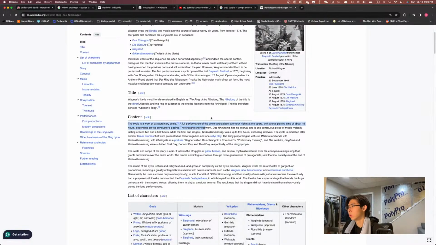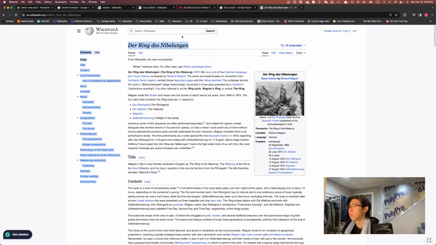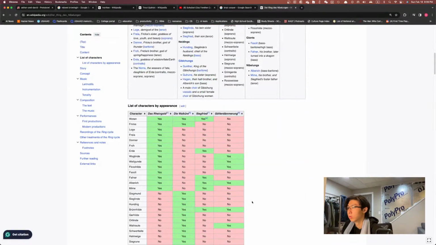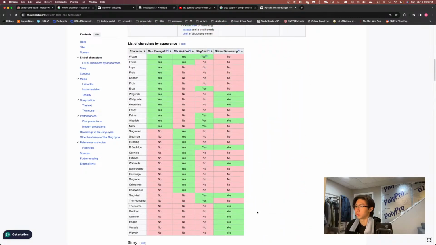Extraordinary in content and style, it takes over 4 nights at the opera. 15 hours, oh my goodness. The Ring des Nibelungen. This is actually really cool though, huh? And it says a lot about German culture, if I'm interested.